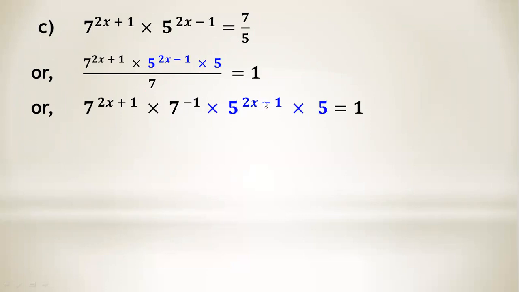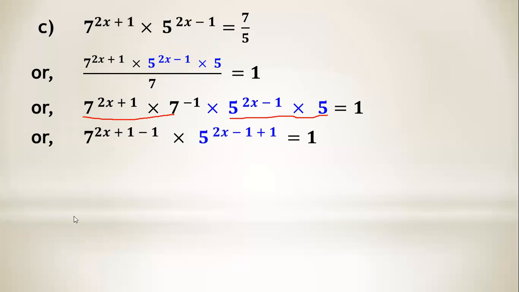And 5 to the power 2x minus 1 times 5 remains the same. Now let's take the product law in case of base 7 separately and in case of base 5 separately. So when we use the product law, there will be 7 to the power 2x plus 1 minus 1, and in case of base 5, there will be 2x minus 1 plus 1. That's good. So it will be like this.